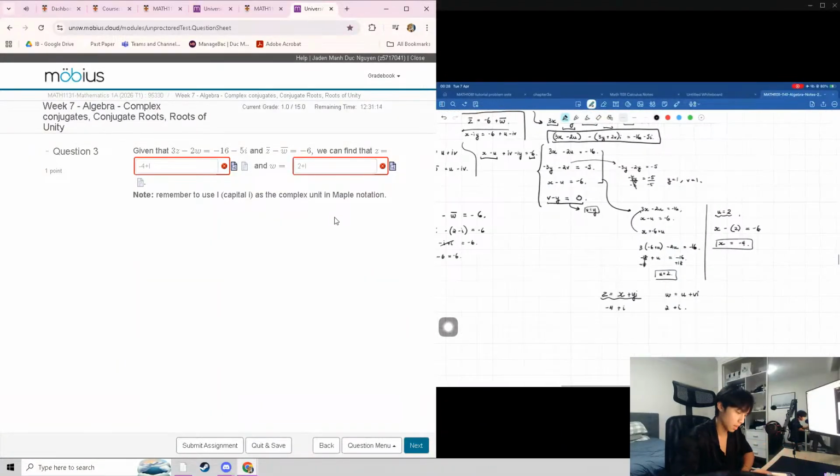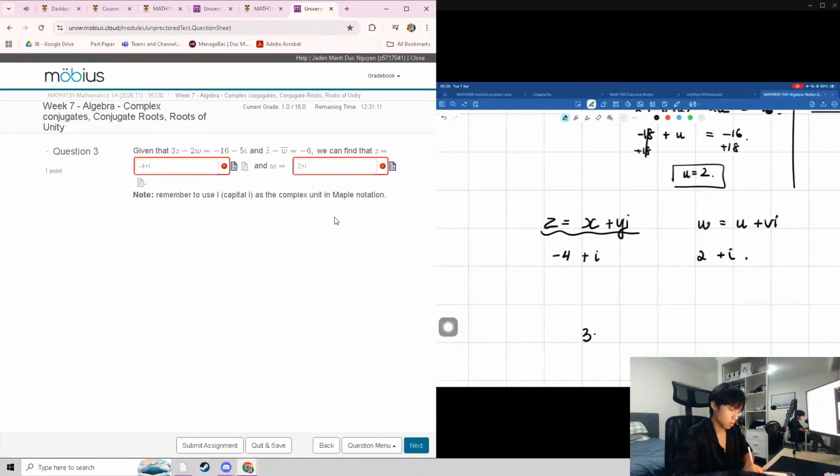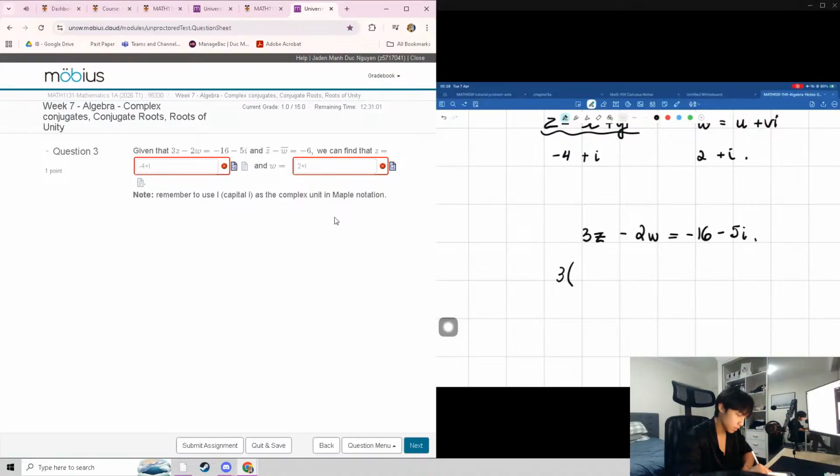Okay, let's try back into that equation. 3z minus 2w is equal to minus 16 minus 5i. 3 of that minus 2 of that: minus 12 plus 3i minus 4 minus 2i is minus 16 minus 1 plus 1i.